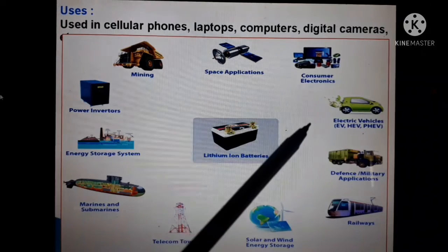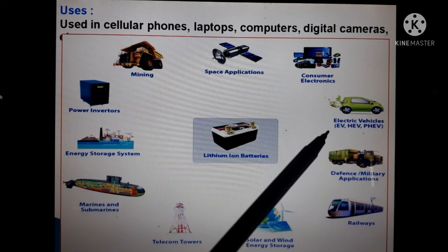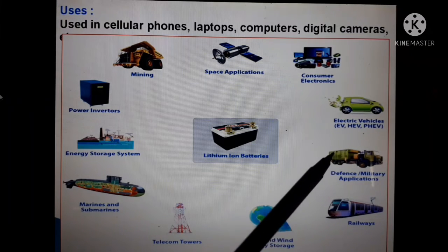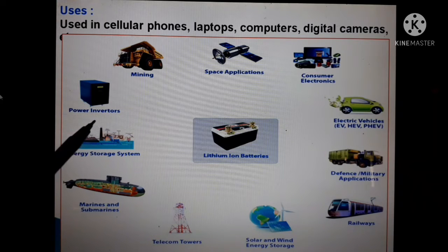These are the electrical vehicles also. Now we are moving fast to electronic goods. Next, defense ministry applications, railways, solar energy storage, telecom towers, the signal towers, marine applications, energy storage systems, and power inverters. These are a lot of applications of lithium-ion batteries.